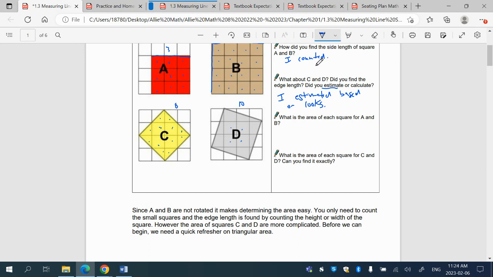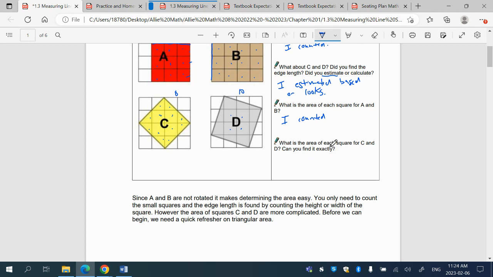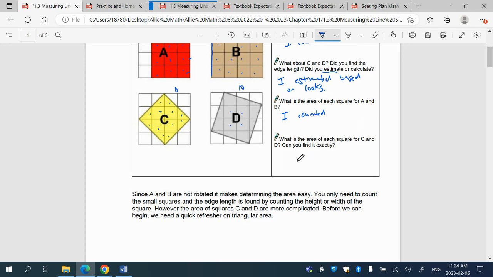Okay, this is for side length. This is for area. Again, remember I counted. So for the side length, I could have just gone 1, 2, 3. And for the area, I could count each of the squares individually. And again, what's the area of each square?